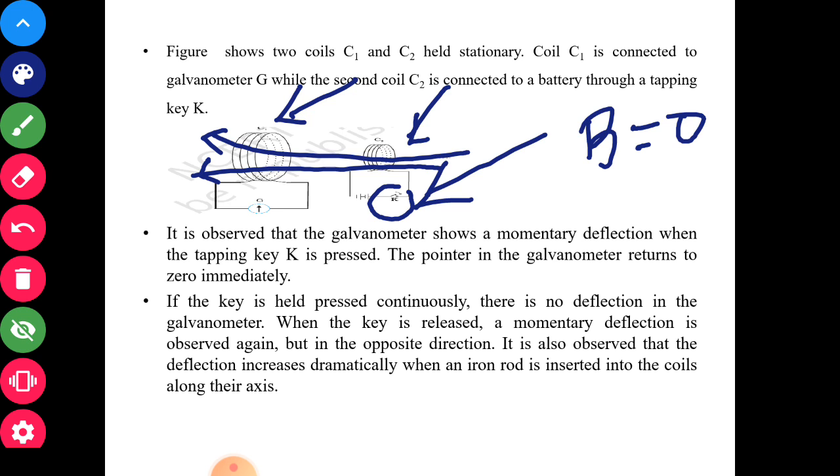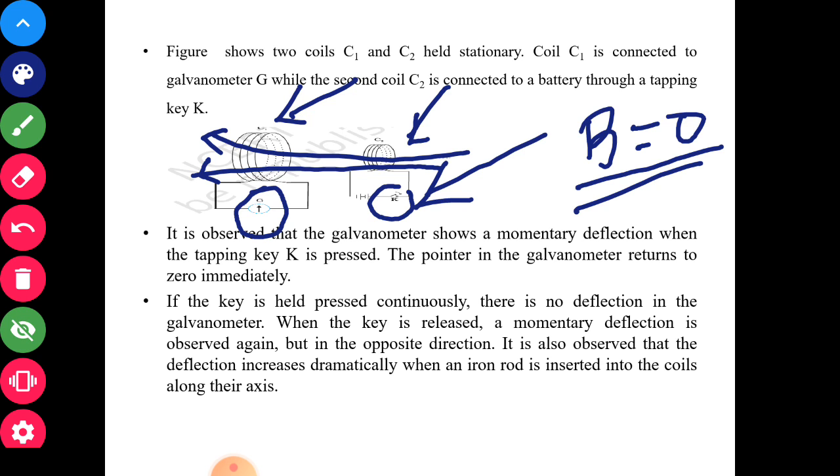So there is a change in magnetic field lines from 0 to some maximum value, and then it remains as it is. From 0 to that maximum value, there exists a current in the first coil, or a momentary deflection is seen.